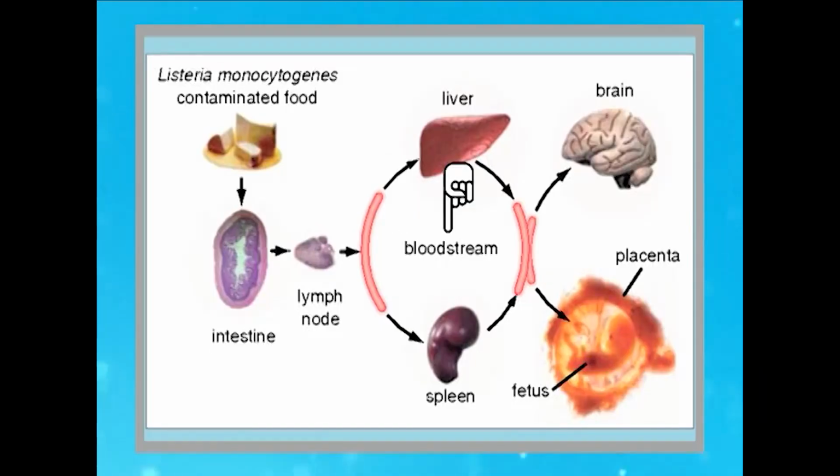When it comes to the bloodstream, it may affect the liver or the spleen. Along with it, it may also affect the brain and therefore lead to meningitis. However, if this food poisoning is taking place inside a pregnant mother, it can also pass through the placenta and reach the fetus, and therefore the fetus is also affected by this type of food poisoning.